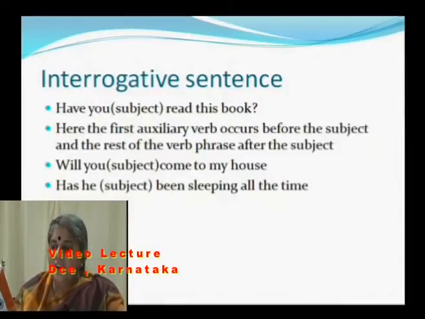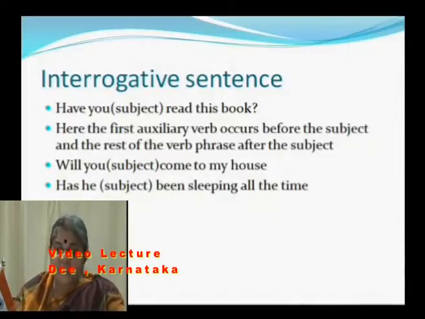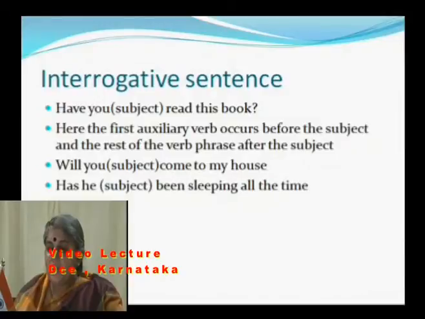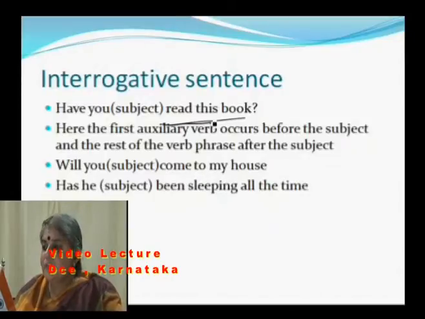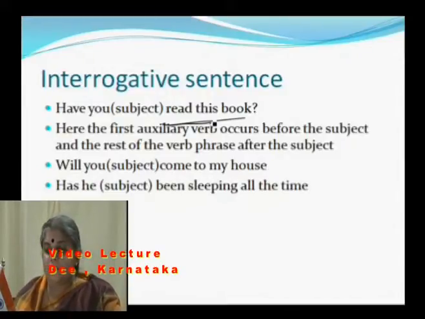Understand? Now here the first auxiliary verb occurs before the subject. It comes what? Before the subject. And the rest of the verb phrase, read this book, is a verb phrase. It has come after the subject. So in an interrogative sentence, you can see the verb coming in the first position. Let us look at the second sentence.